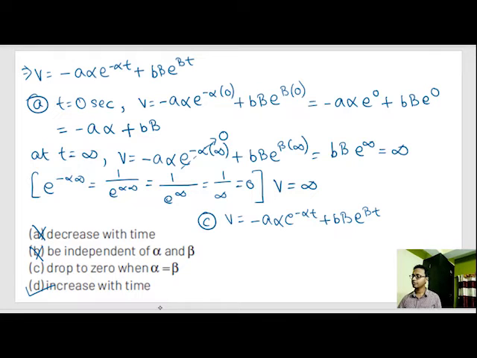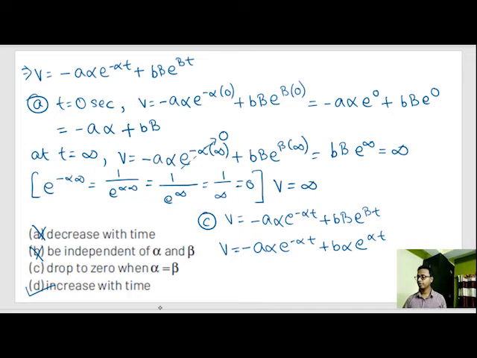Now, either convert everything to alpha or convert everything to beta. The conclusion will come out to be similar. I am converting everything to alpha: minus A alpha e to the power minus alpha t plus B alpha e to the power alpha t.